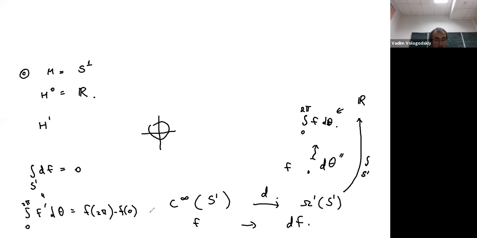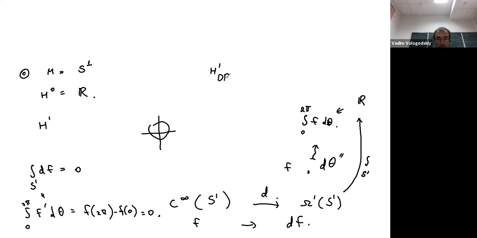But f is periodic, so this is 0. So that means that this map, integral over S1, defines a homomorphism from the co-kernel of d.